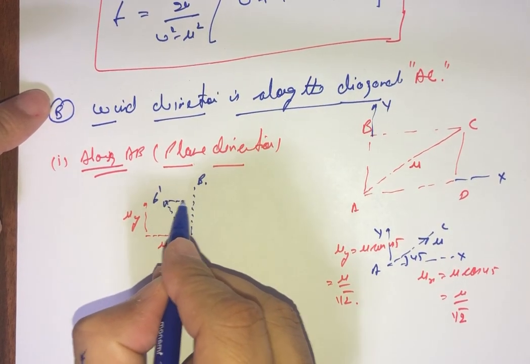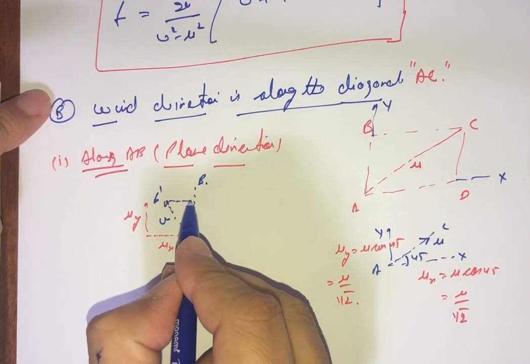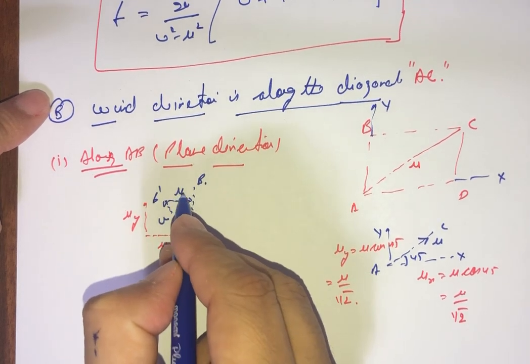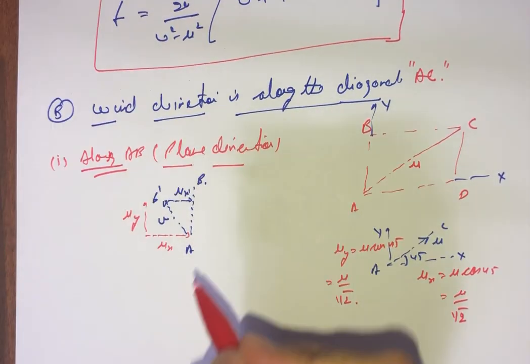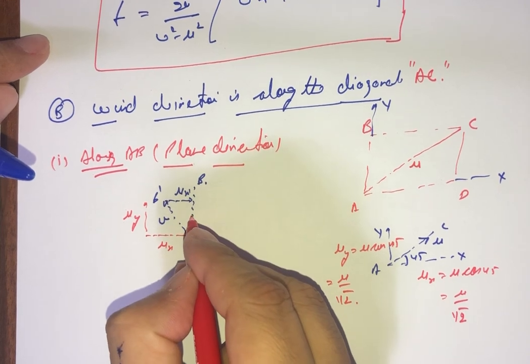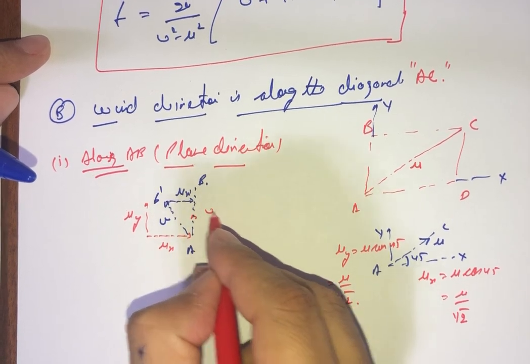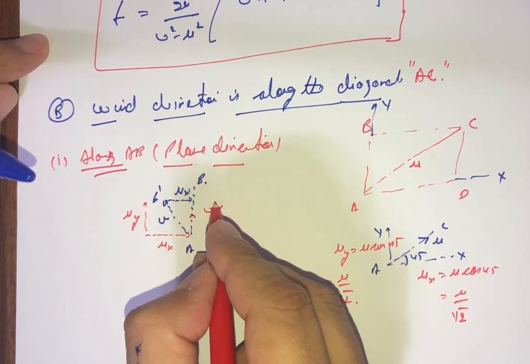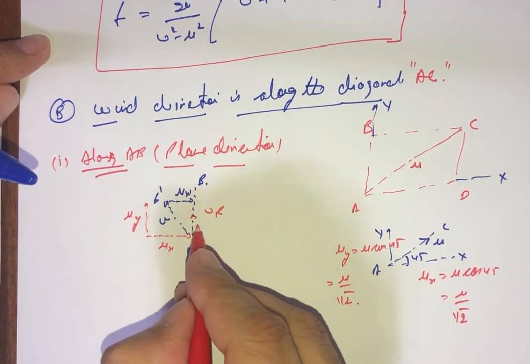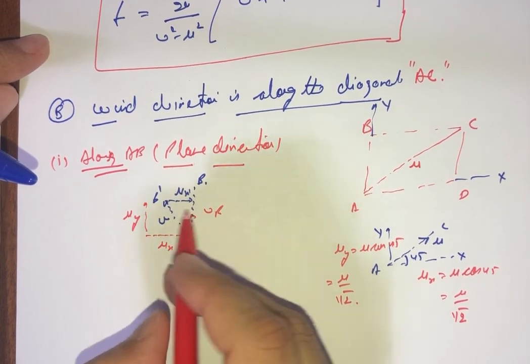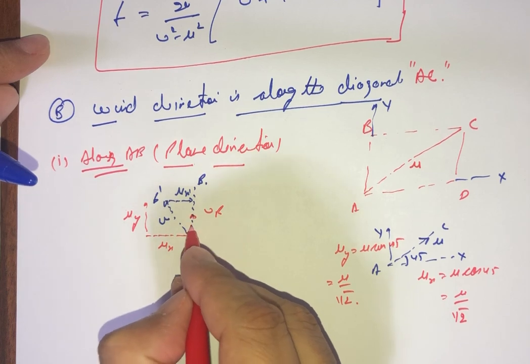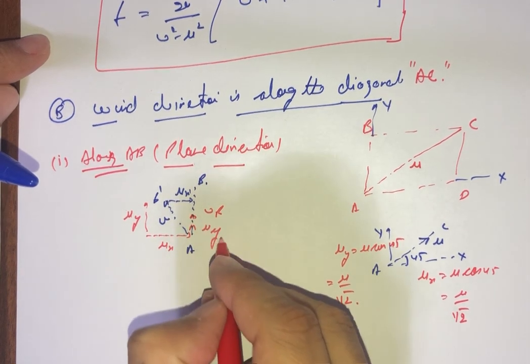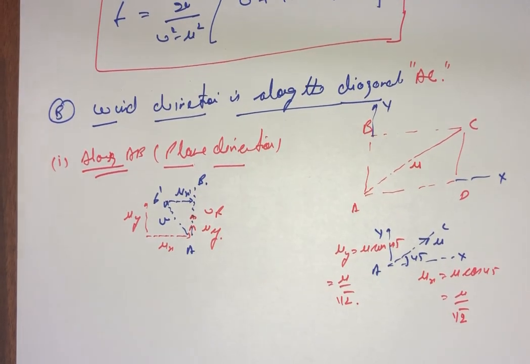So this will be its actual direction v, this is ux, okay, and let us call that the vr is the resultant velocity in this direction, and there will be two components of the velocity. One is wind velocity also, so wind velocity will be also having its component vy in the same direction.